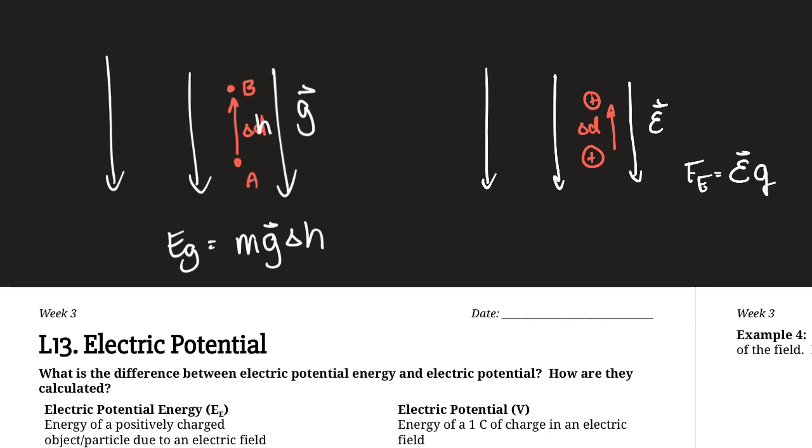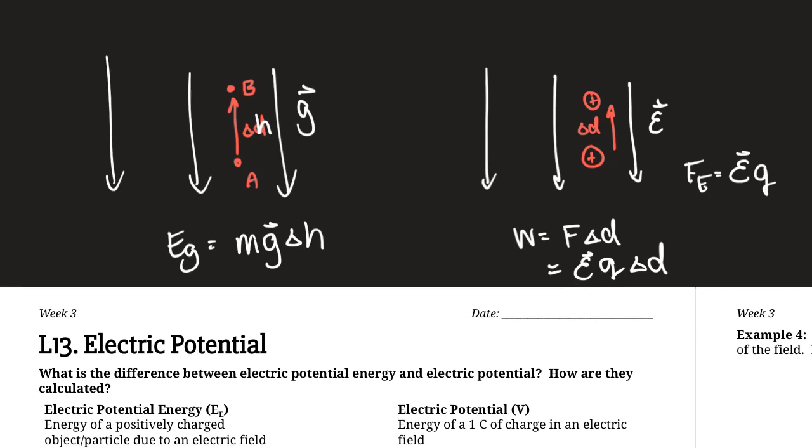So if we think about this in terms of the work we do, the work is going to be the force times the distance. So it's just going to be the field strength of the electric field times the charge times the height, or the distance we move it in that field.